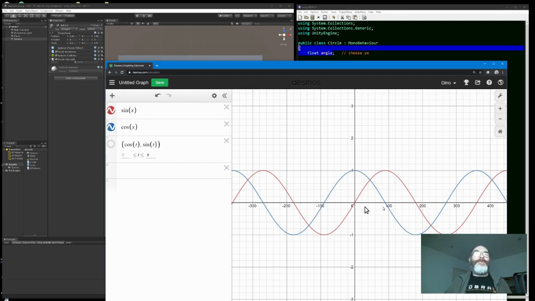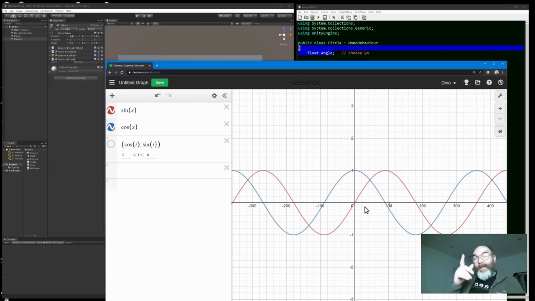So what you can do is decide to go with gradients, and gradients makes 90 degrees 100. So in fact, the circle is now 400 angles instead of 360, and that would have the nice property of this crossing the axis here at exactly 100.